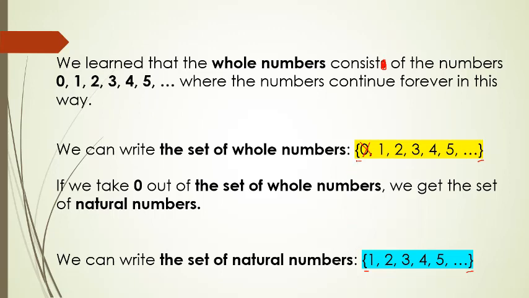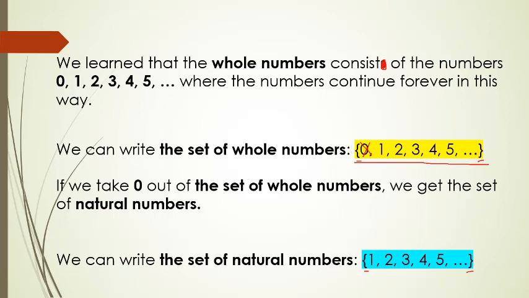And we call the first one the set of whole numbers because we have 0 and the positive numbers. No negative numbers, only positive numbers. Then the first one is the set of whole numbers because we have 0, 1, 2, and forever. And the second one is the set of natural numbers because we have 1, not 0, and we go 2, 3, 4, 5, and forever.